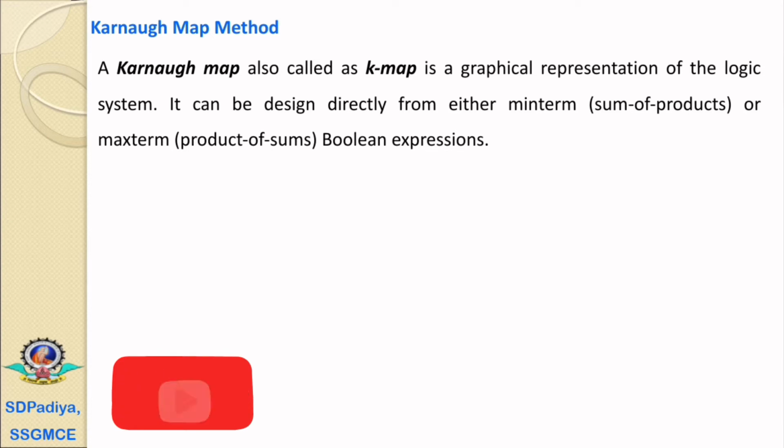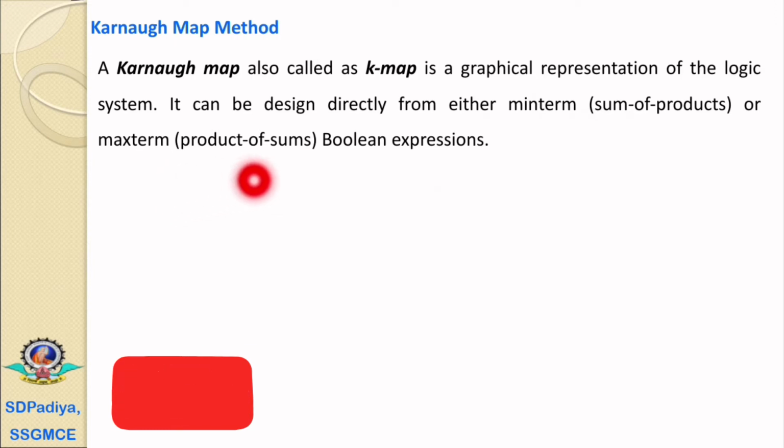A Karnaugh map, also called a K-map, is a graphical representation of a logic system. It can be designed directly from either the minterm, that is a sum of products. Minterm means product, therefore we consider a sum of products, or a maxterm.